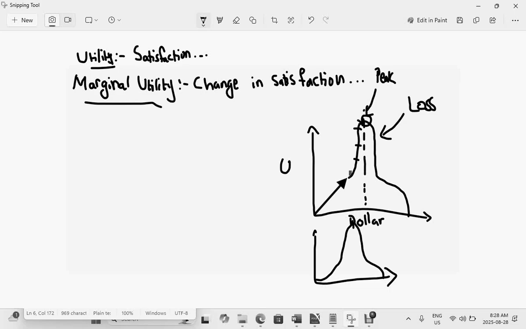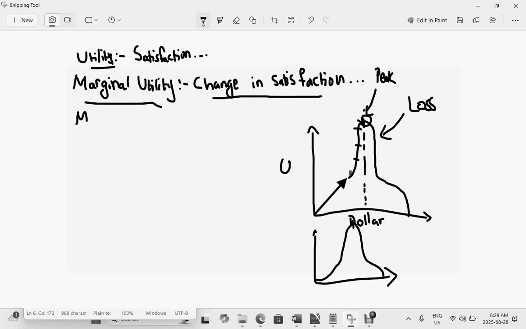This person will reach a peak where the utility or marginal utility per dollar will be reduced to a point where he's no longer satisfied. He's not getting any satisfaction from consuming this product. Hence, when he's spending money on this product, he's not getting much out of it. All right. So that has to do with marginal utility, which is change in satisfaction.